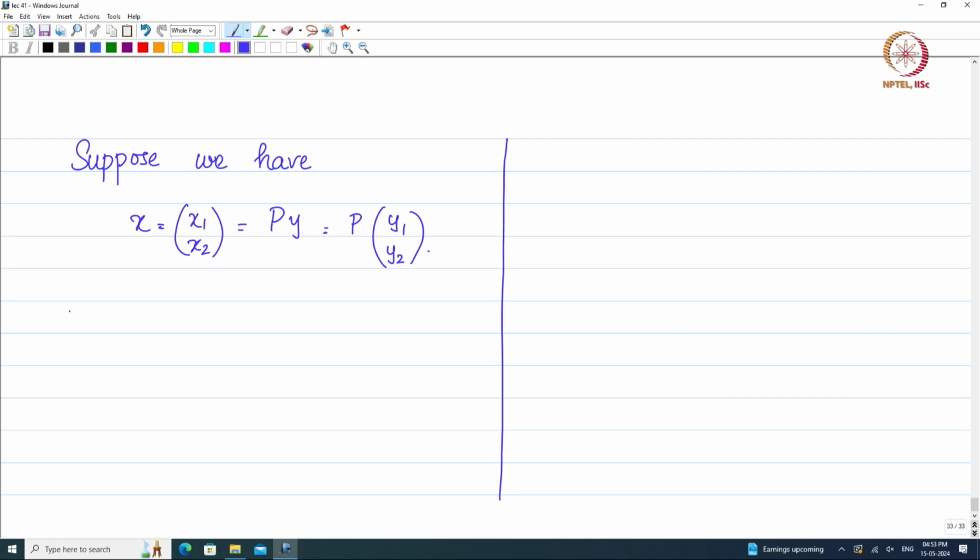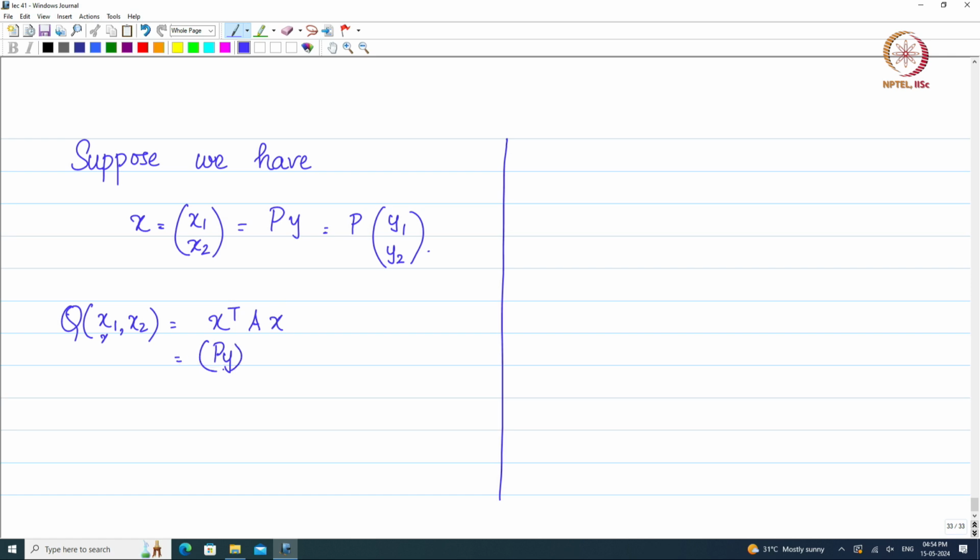The quadratic form of this vector x, x1 comma x2, is nothing but x transpose A x. Now, x is nothing but P y.